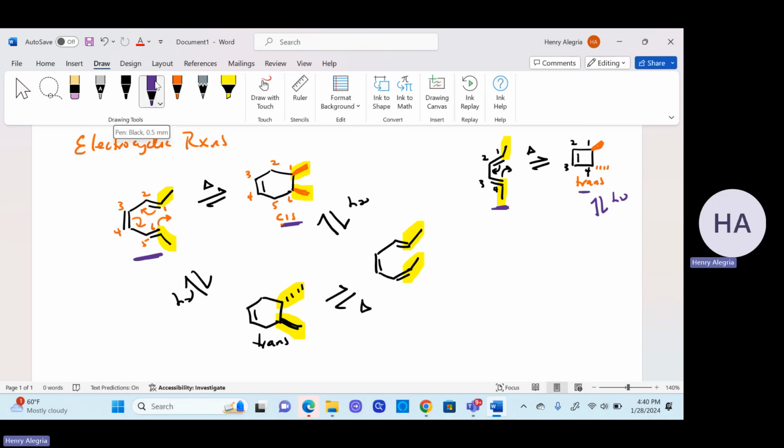And by the way, I didn't show this, but I think you understand here. The reverse would mean this goes back, this moves over, and this moves back.